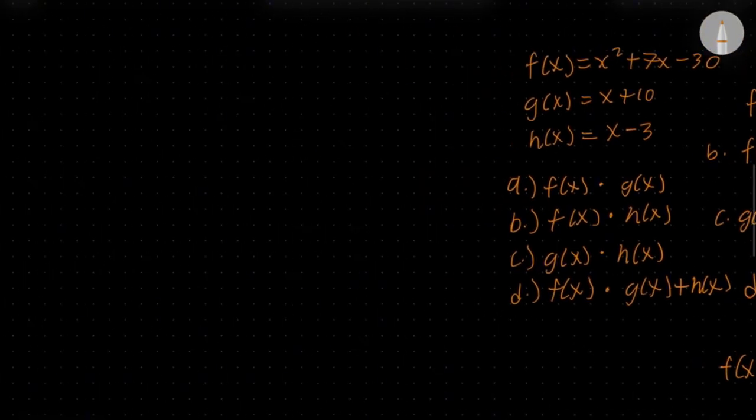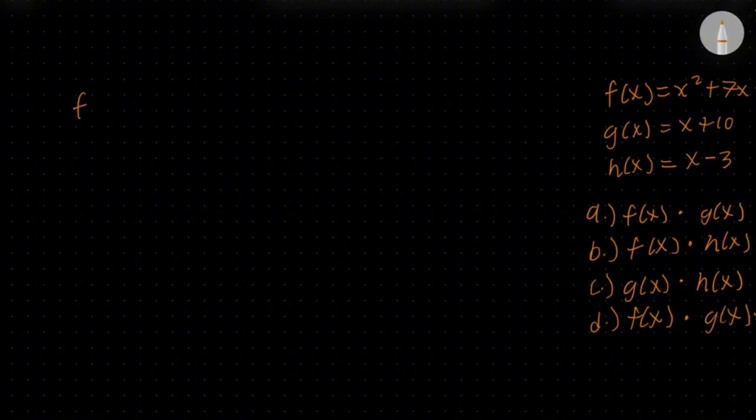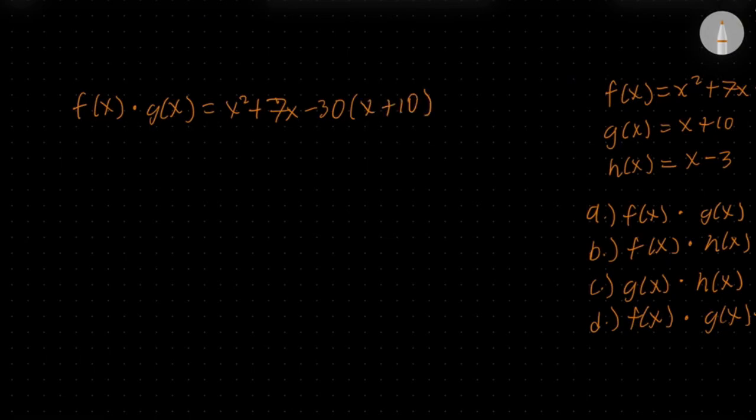Okay, let's first start with f of x times g of x. We have x squared plus 7x minus 30 multiplied by x plus 10. Now we are just going to multiply f of x into g of x.